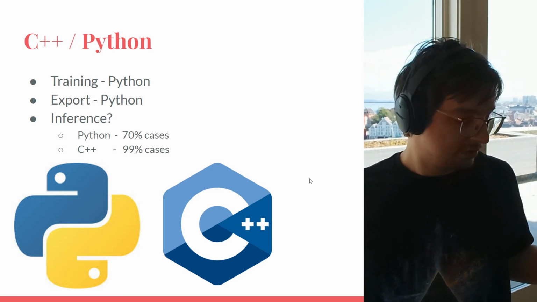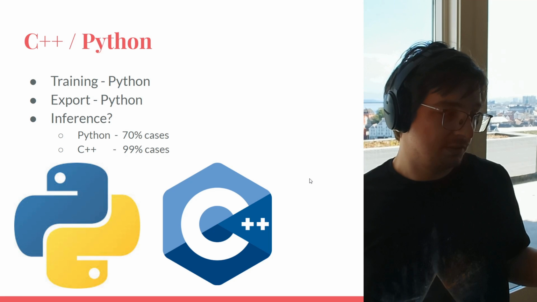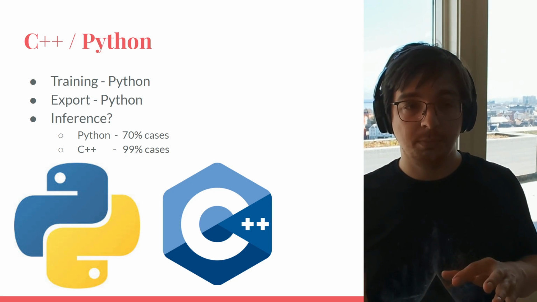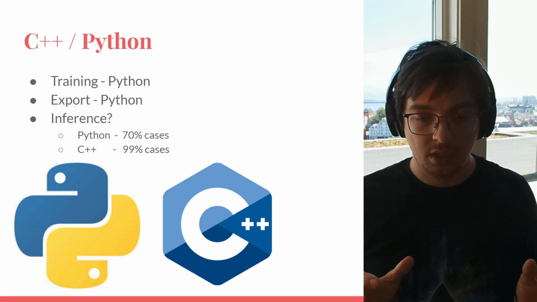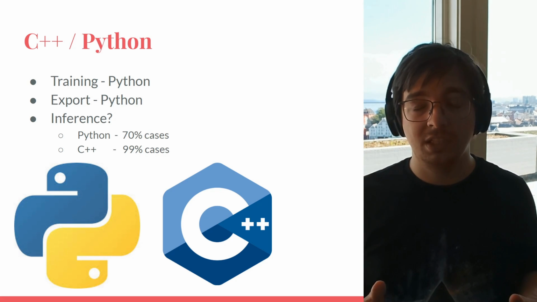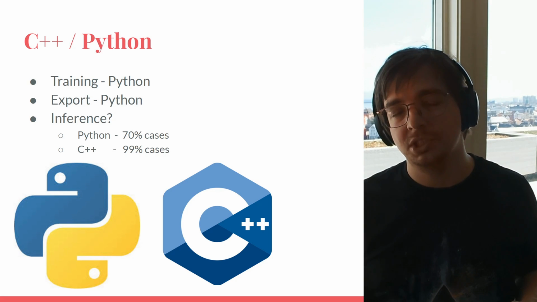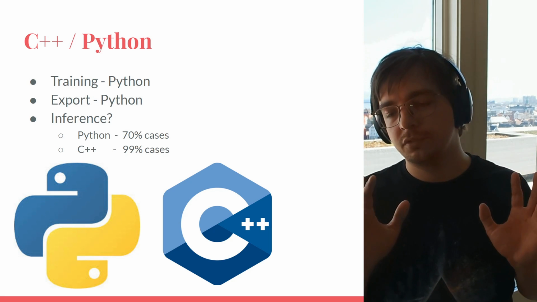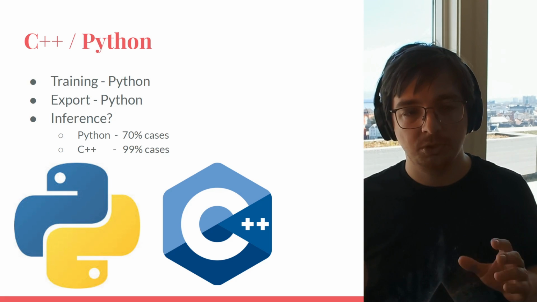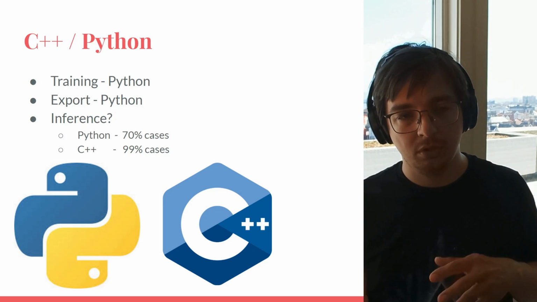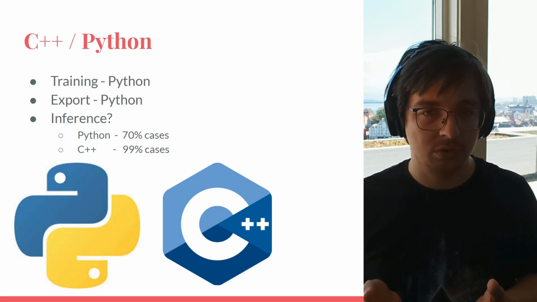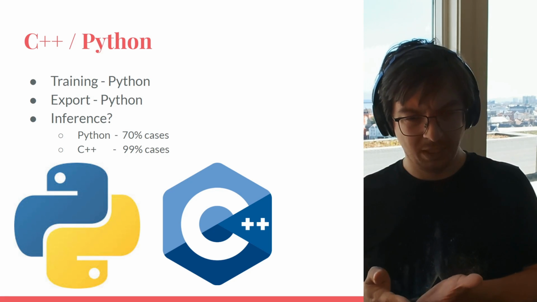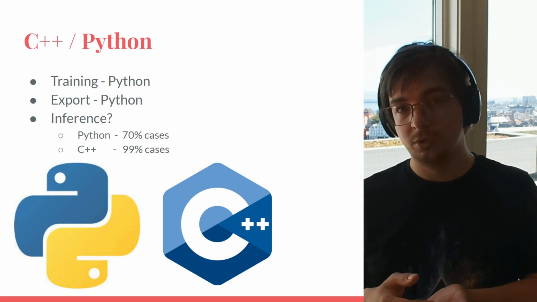What other topic do I want to cover here? I want to say a few words about C++ and Python. Of course, 99% of researchers nowadays train their models in Python. Usually for 99% of platforms, you need Python to export your model to your inference engine. But for inference, Python is not the most popular solution.